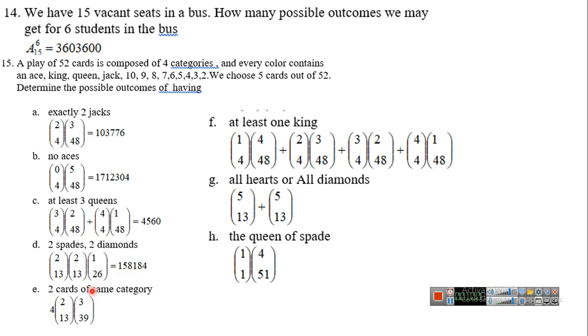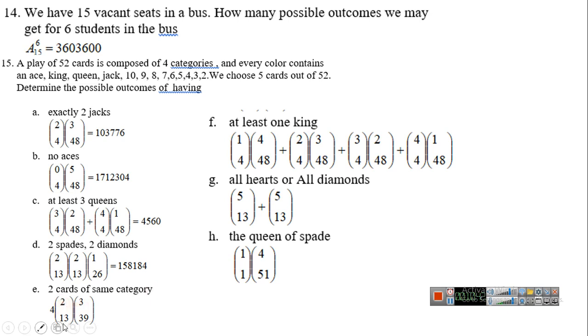1 out of 26. 2 cards of the same category. Same category means either 2 aces, 2 queens, 2 kings, 2 number 5s, 2 number 7s. Anyway, it's 2 out of 13. By the way, here I mean either 2 hearts, 2 spades, 2 clubs or 2 diamonds.